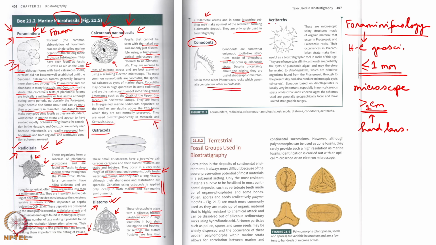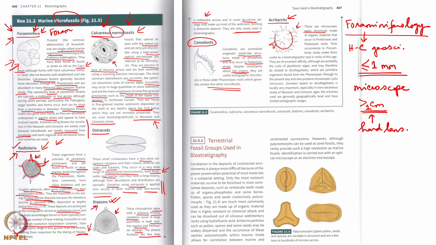Let us look at the acritarchs. These are microscopic spiny structures. A similarity between acritarchs and radiolaria exists, but they are distinct. In case of radiolaria, we have a spherical body and then there are spines. In case of acritarchs, there is an overall geometry of subspherical appearance and then there are spines.